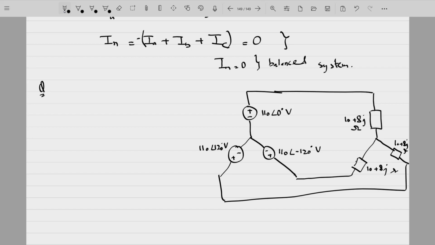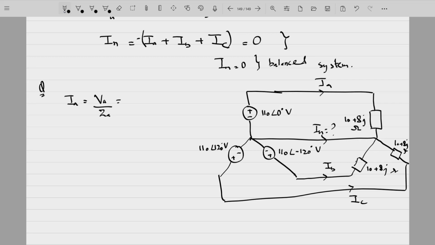You have been asked to find out IA, IB, and IC. And we'll be finding out whether or not IN will be equal to 0. So as we saw for this particular case, IA is simply the voltage across 10 plus 8J, that is VA divided by ZA.